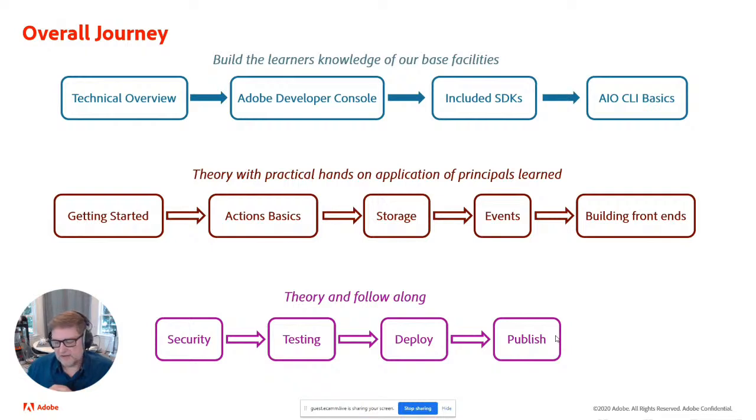In that course, we go over the theory. We talk about the availability and what you can use. We talk a little bit about the Spectrum React library and the Spectrum CSS and some other tooling. And then we go into hands-on and we start building out functional pieces for our demo application. Then to the next phase of learning. The next phase of learning is a little bit more theory and follow along.